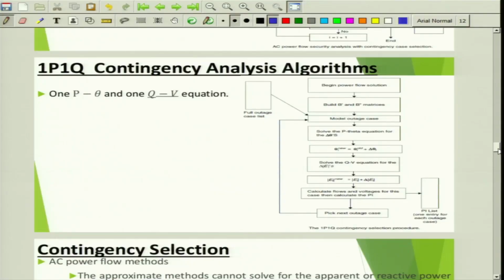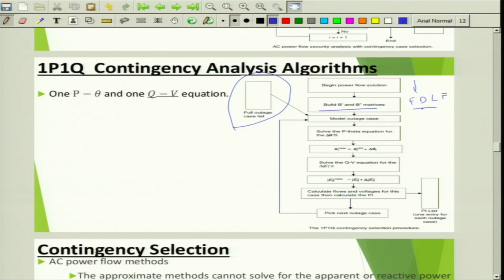Another approach: there is a full outage list, you begin the power flow solution, and build the B prime and B double prime matrices. That means we are doing fast decoupled load flow analysis. Run one single first iteration for all the cases.